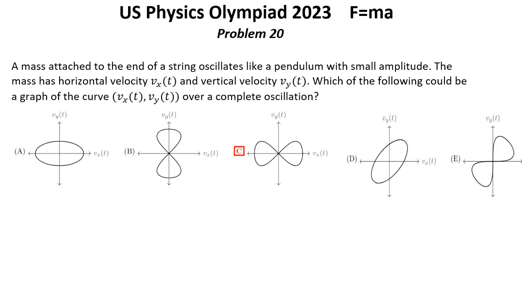When it reaches the maximum displacement, vertical speed is 0, and when it hits the equilibrium position, that would be twice. Again, vertical speed is 0. So that's the answer C for question number 20, and that was the solution for problem number 20.